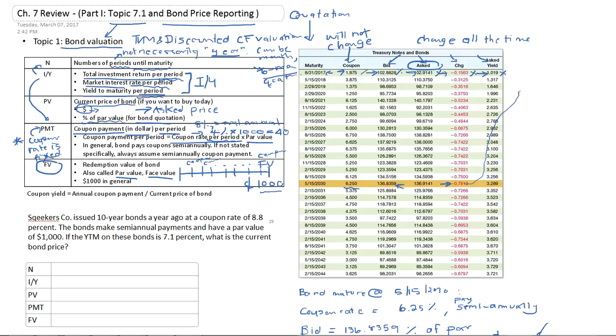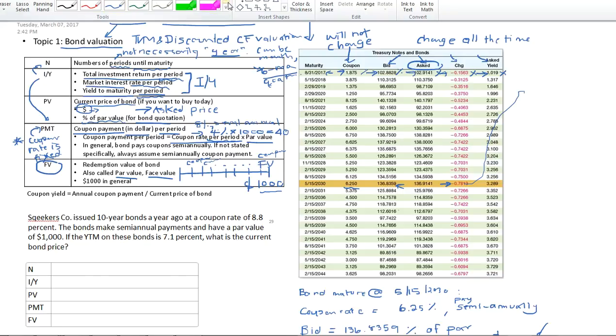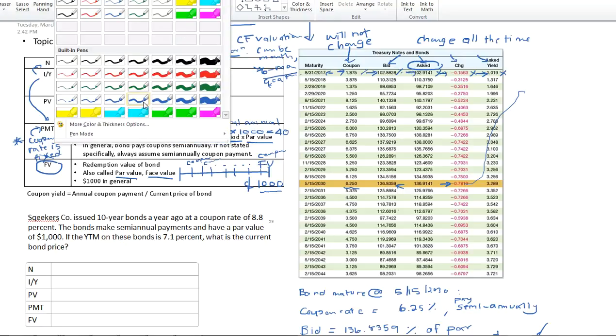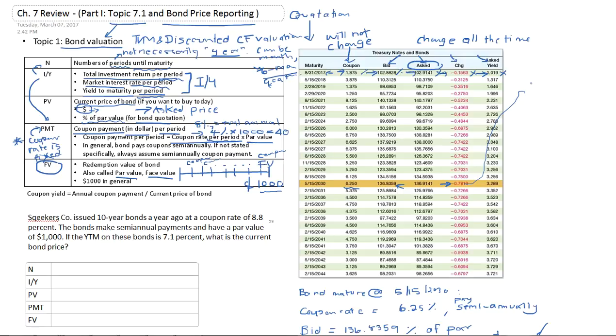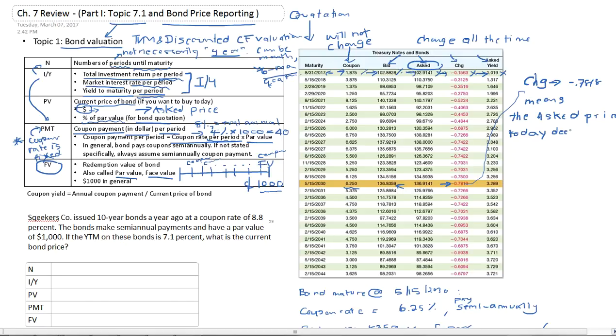Change of negative 0.7818 means the ask price today declined relative to yesterday's price. That's why change shows negative here.